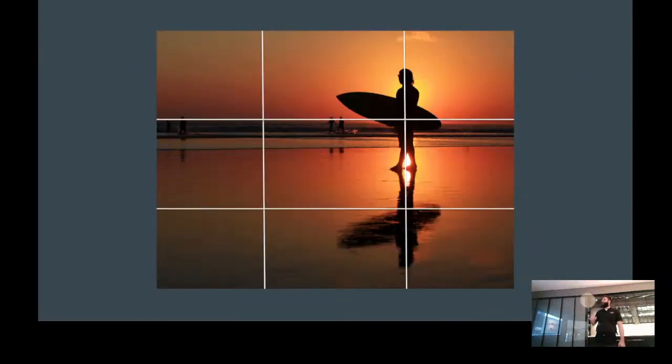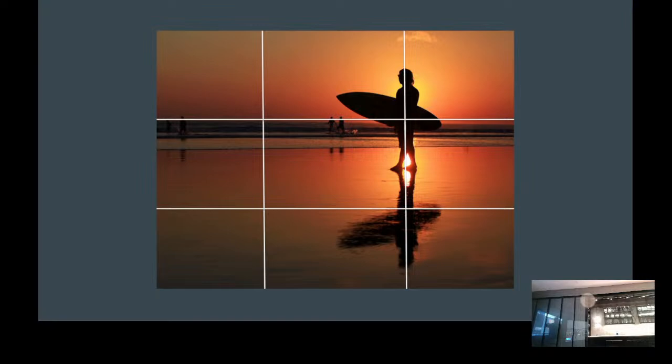So a good example of a rule of thirds, in this case we have this surfer gentleman here. The surfer gentleman is standing perfectly on one of our intersecting lines. The shadow that's being created from the sun is naturally dropping it down lower, and so we're hitting both those points. Another thing to keep in mind too is we have a horizon line in the background.